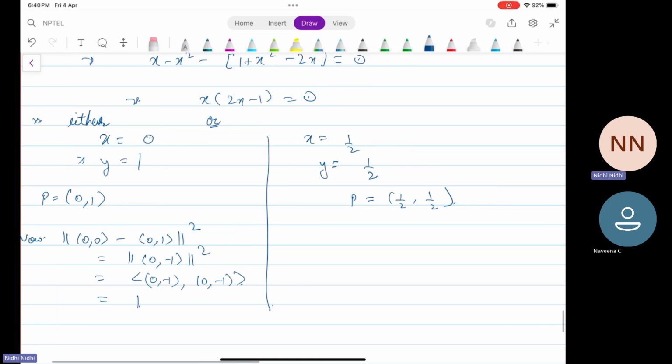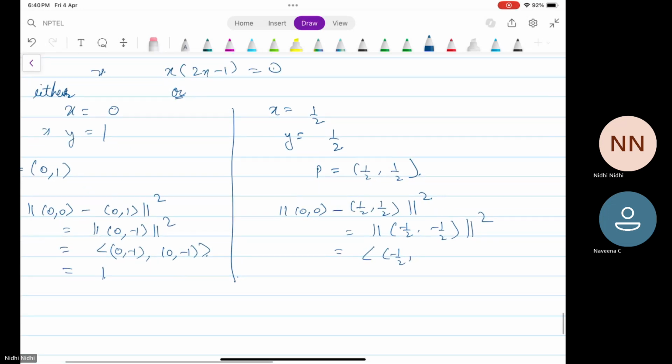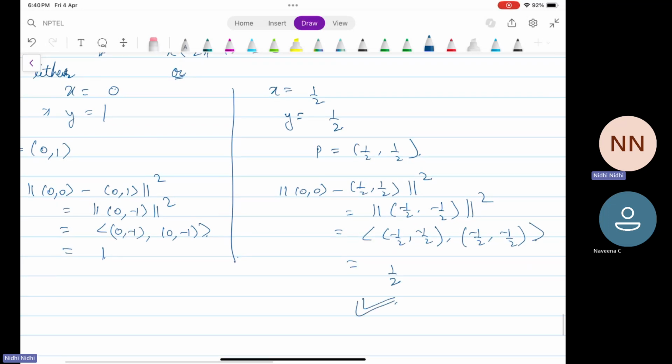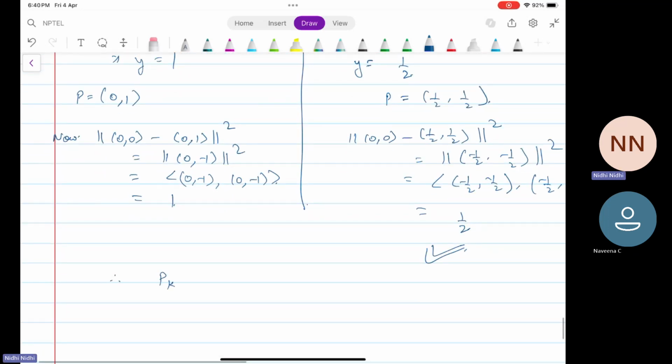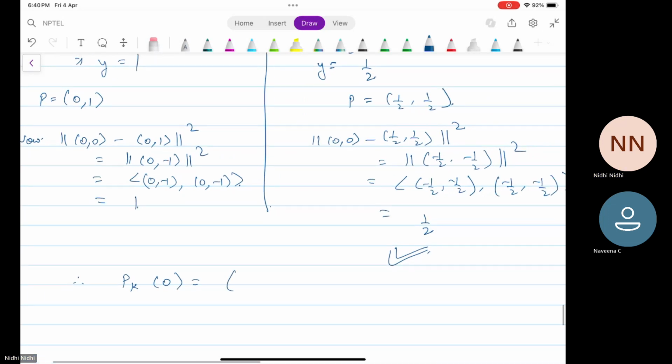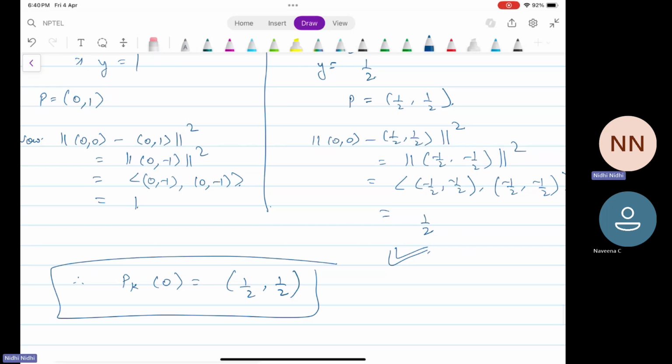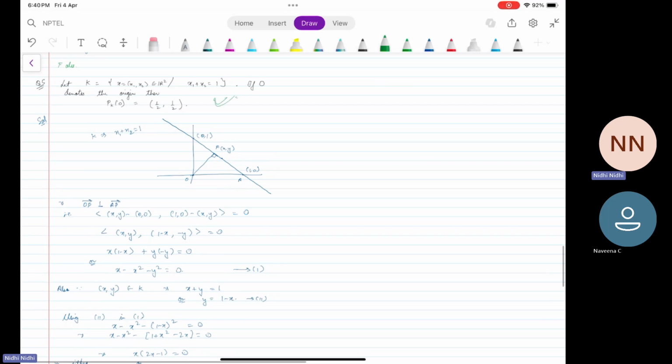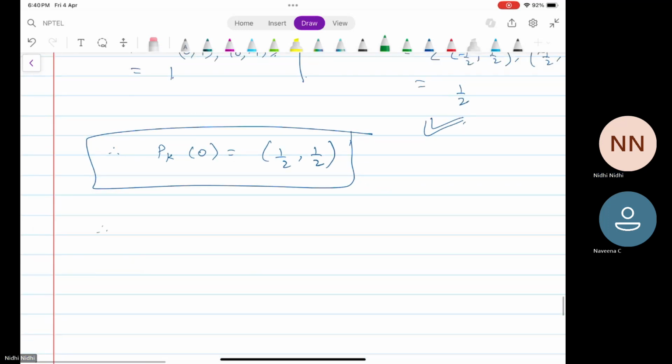And here the distance is nothing but 1 by 2. Since the distance over here is the minimum one, therefore PKO is (1 by 2, 1 by 2). Therefore, the given statement is true. That is what it was saying in the statement.